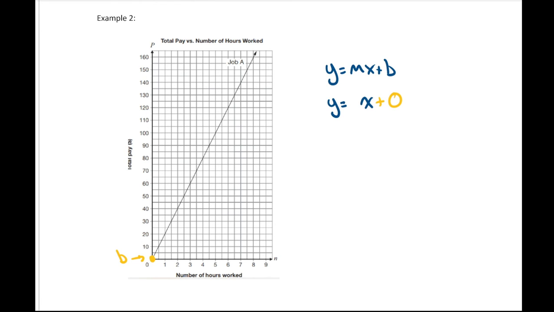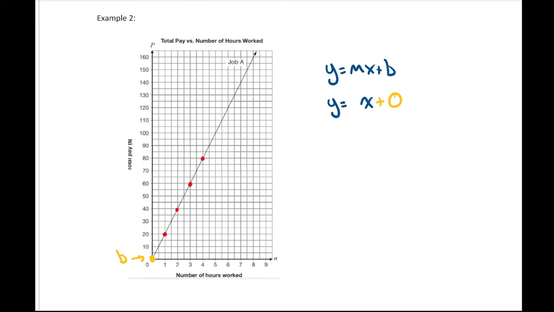Now we need to figure out our m value. Right? So again, the main thing we want to do is find a nice point. So we see a nice point here, here, here, here. It's all where it crosses the grid line nicely.